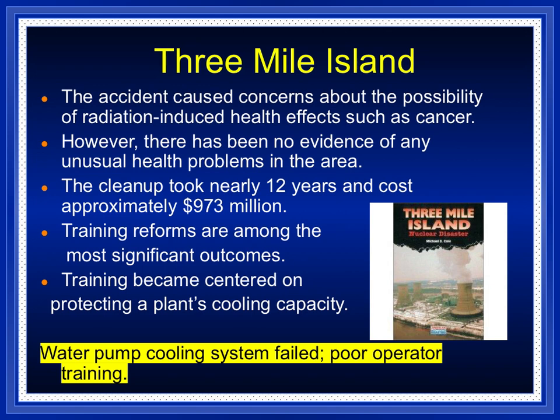Training reforms are among the most significant outcomes. Training became centered on protecting a plant's cooling capacity. The main failures with the 3 Mile Island disaster were that the water pump cooling system failed and poor operator training.